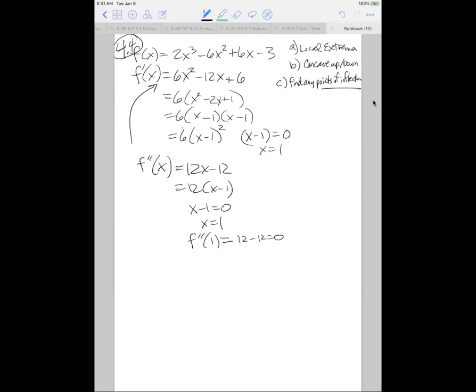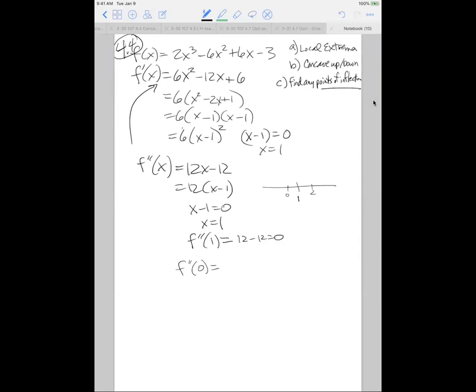If I check at 0 and at 2 and plug those into the second derivative, and the signs change, that indicates a point of inflection. That means going from concave down to concave up, or concave up to concave down.